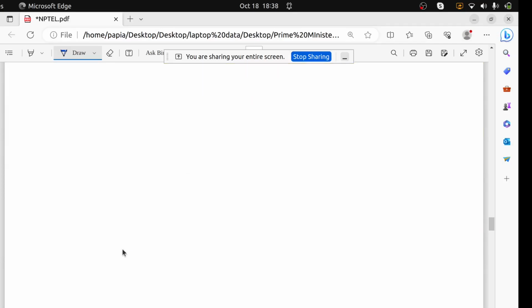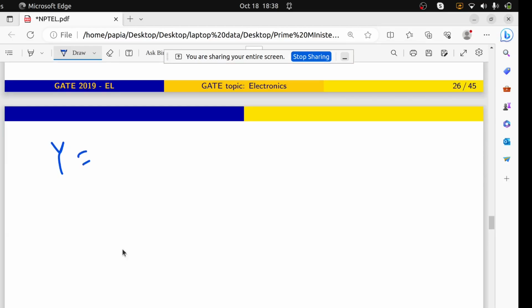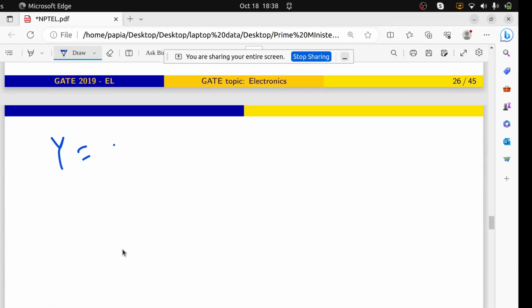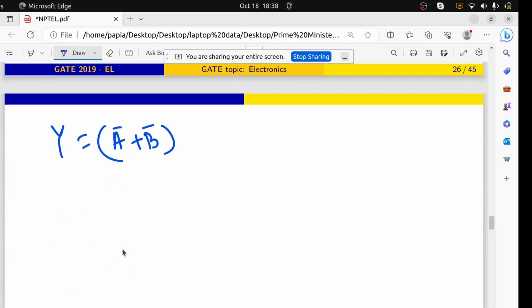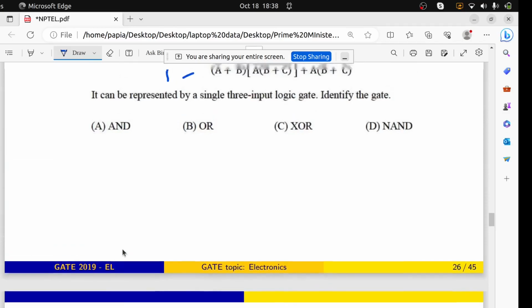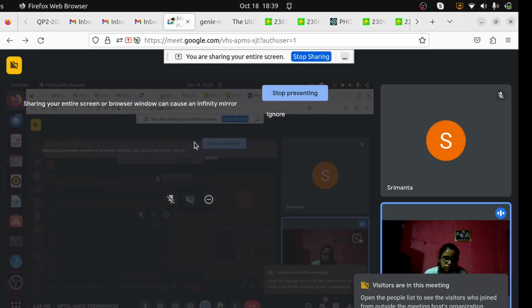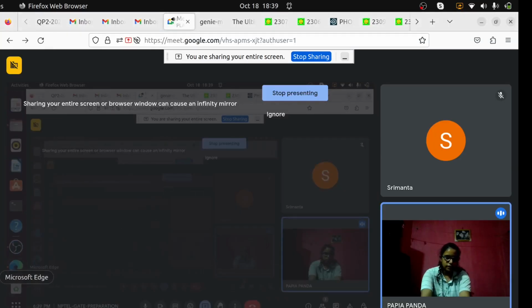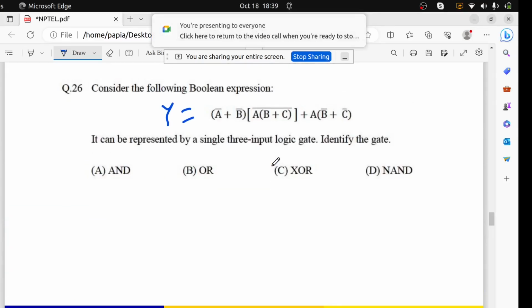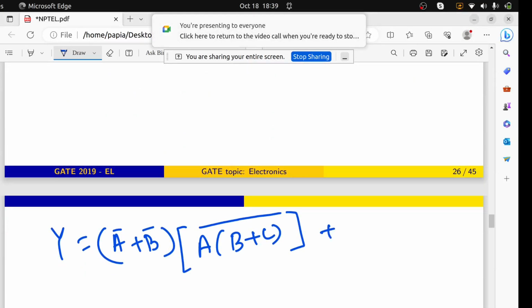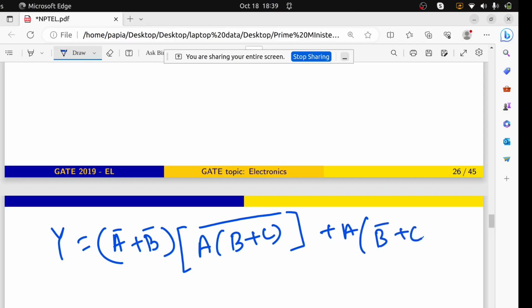First, I am going to write y as (a bar plus b bar), then (a b plus c) whole bar, plus a b bar c bar plus a b bar plus c bar.